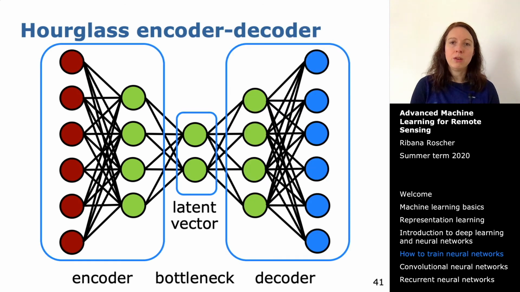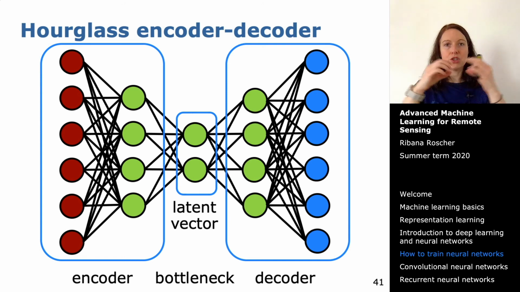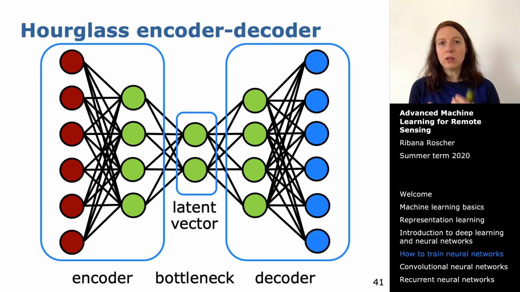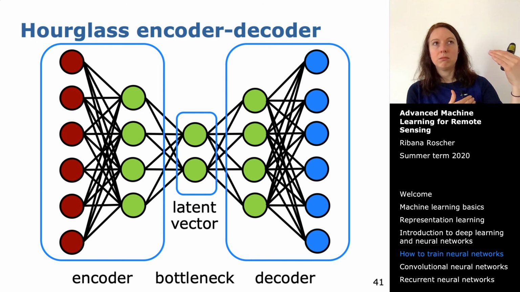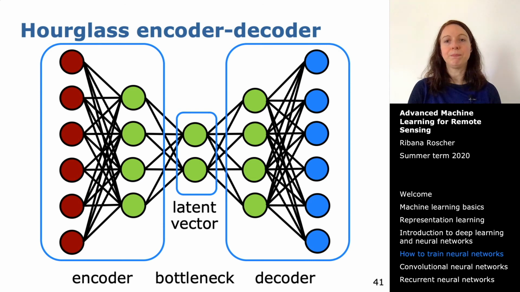When you have it symmetric, you speak about the hourglass encoder-decoder, because it has the shape of an hourglass. The hourglass encoder-decoder is not only that you compress the data, but then you go back to the original size of your input dimension.